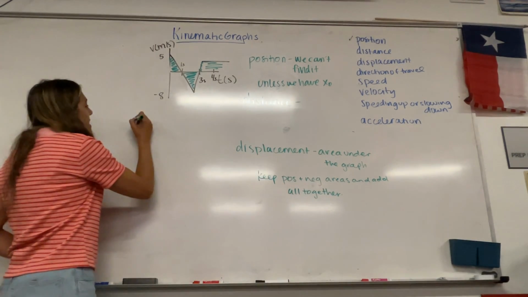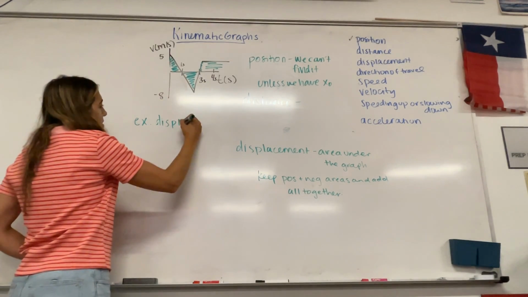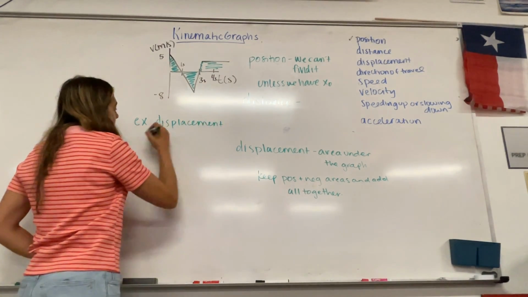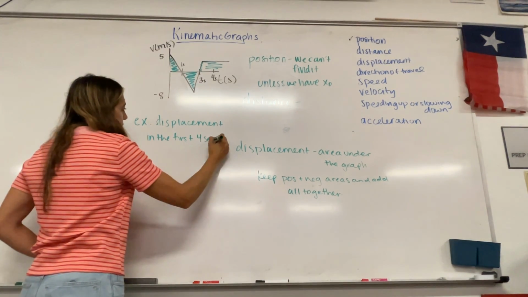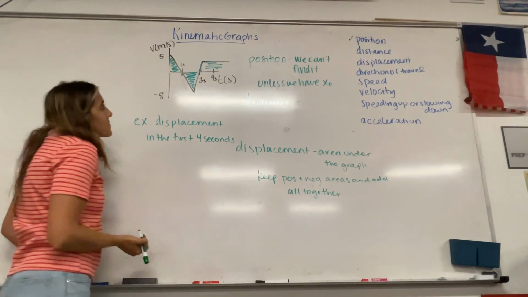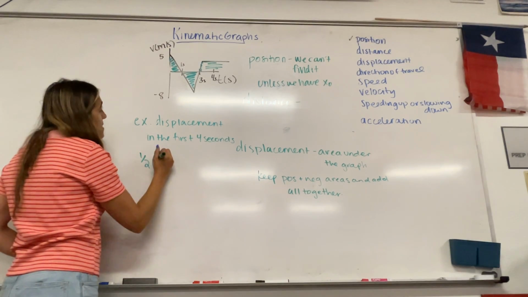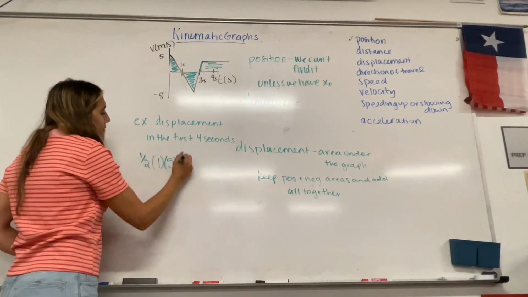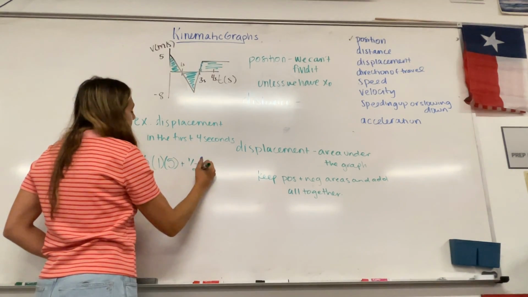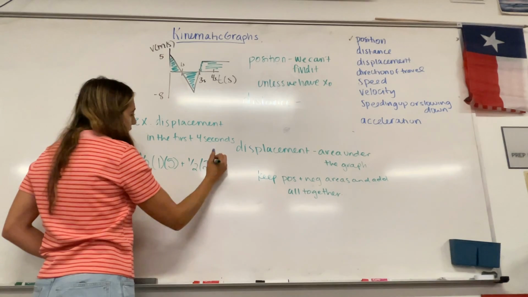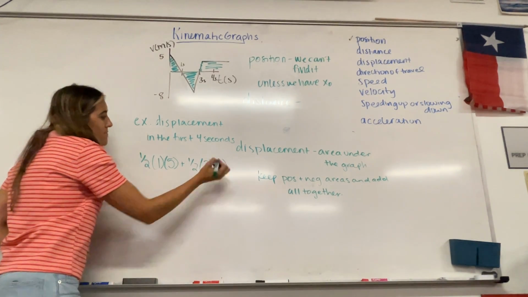So if we do this as an example, I want to know the displacement in the first 4 seconds. Okay, well, for this first section right here, I have 1/2. My base is 1 second. My height is 5. For this triangle, I have 1/2. My base is 2 seconds, and my height is negative 8.